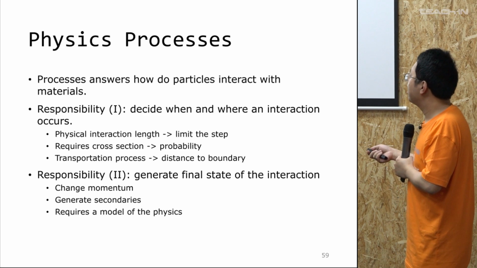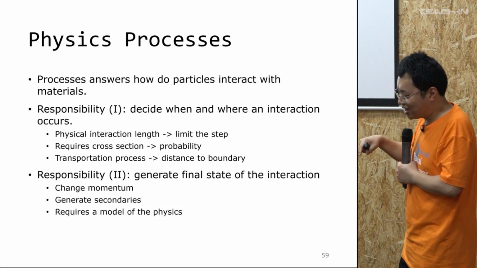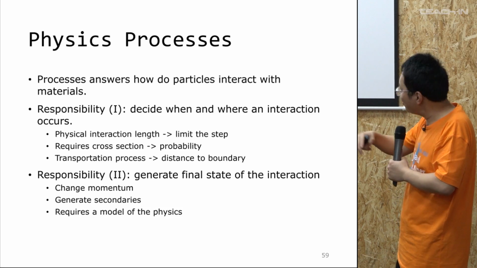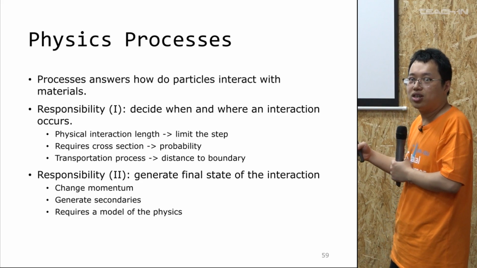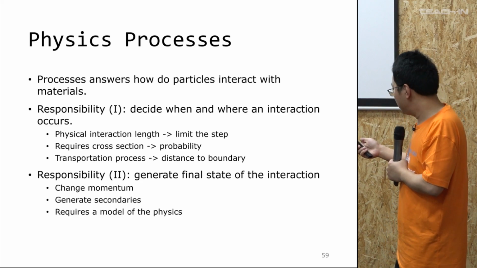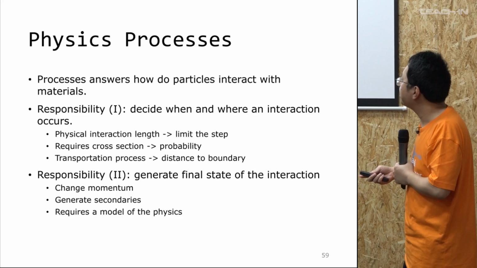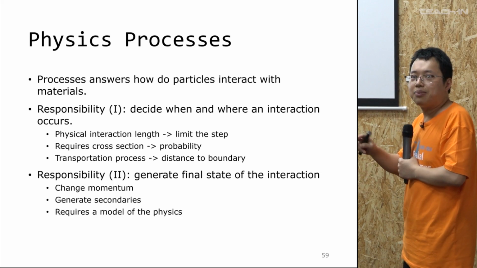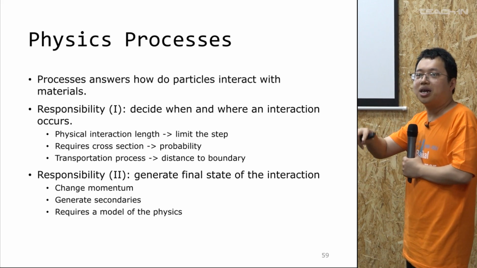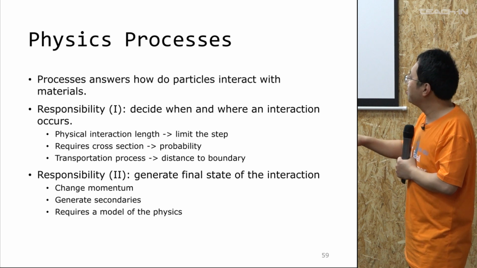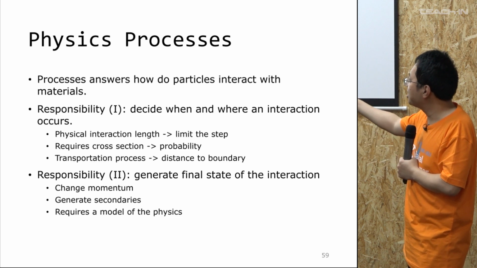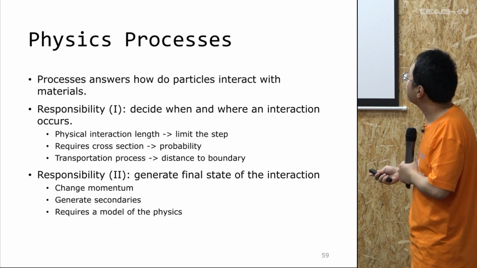If you dive into Geant4, you can see there are a lot of models that can be chosen. This is also very important when you want to do some validation between the Monte Carlo data and the real data. Maybe sometimes you need to do some tuning of the model.